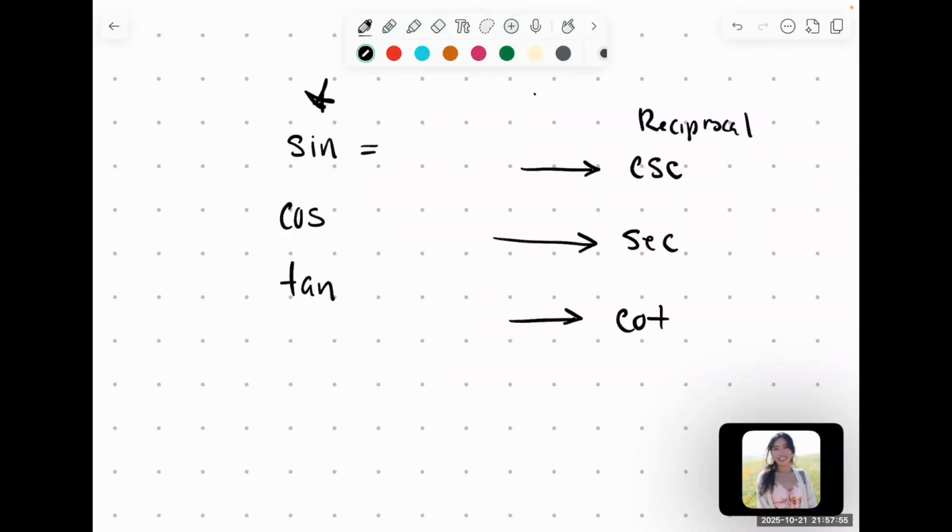Sine is opposite over hypotenuse. Cosine is adjacent over hypotenuse. I just abbreviate that. And then tangent is opposite over adjacent. Let me just check if that's right. Okay.